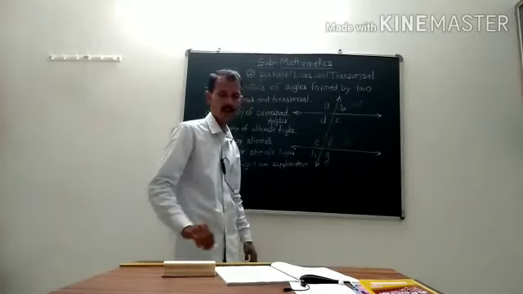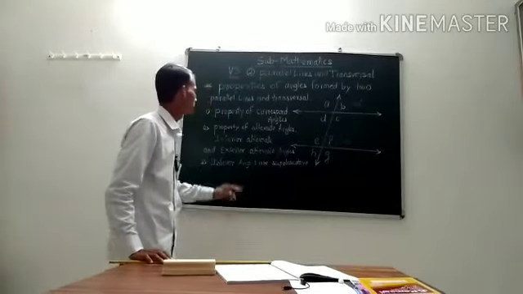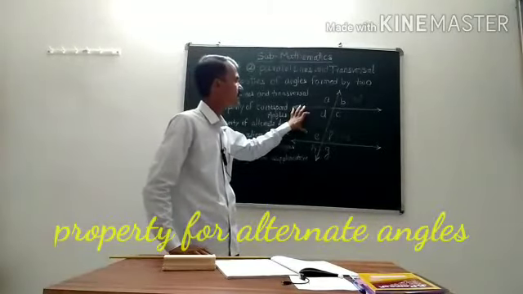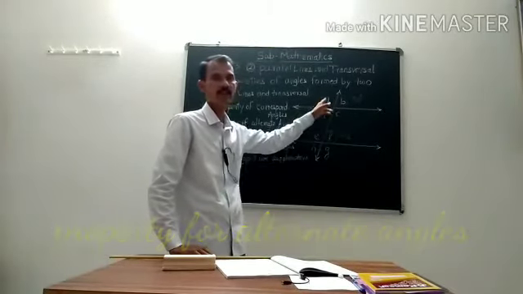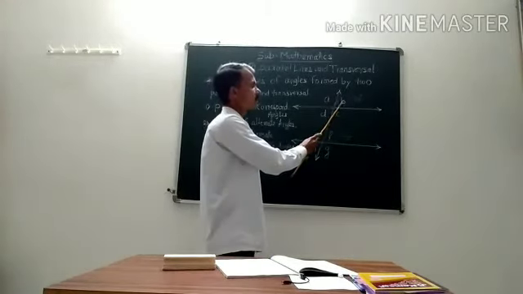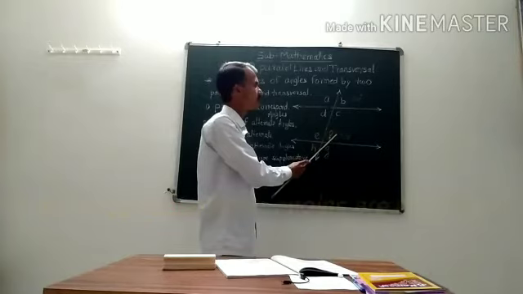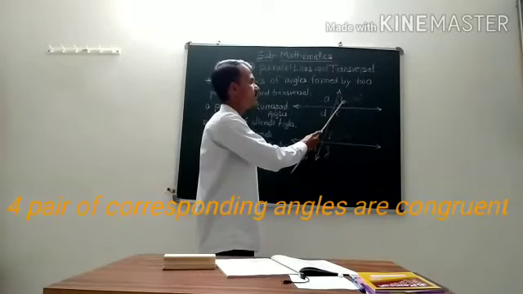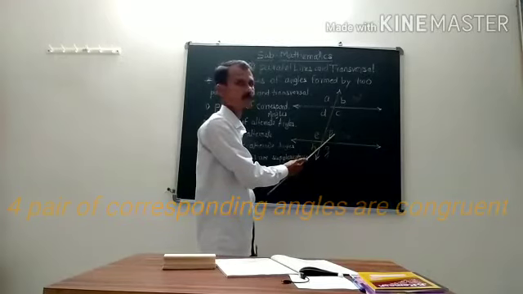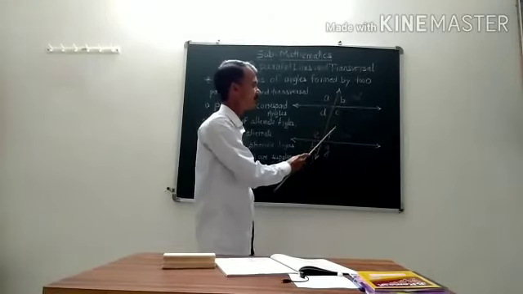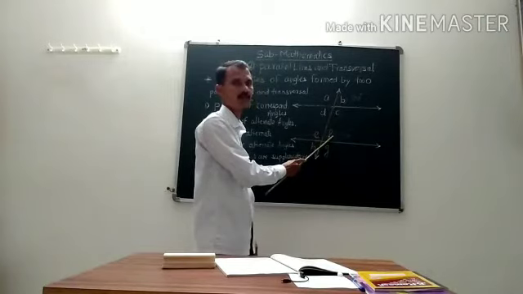Therefore, we can say that if the given two lines are parallel and there is a transversal, then there are four pair of corresponding angles which are congruent. That is, the measure of angle B is same as the measure of angle F.